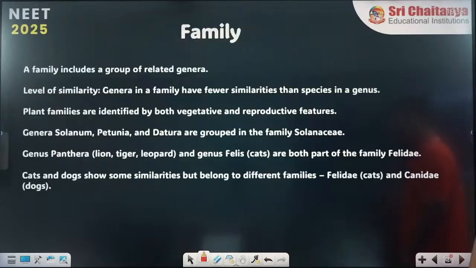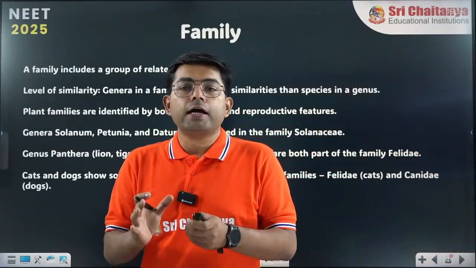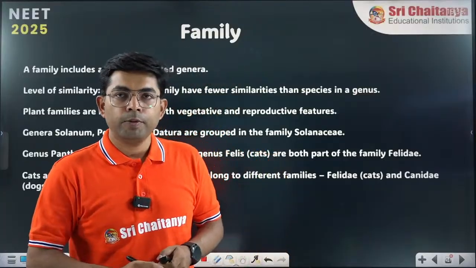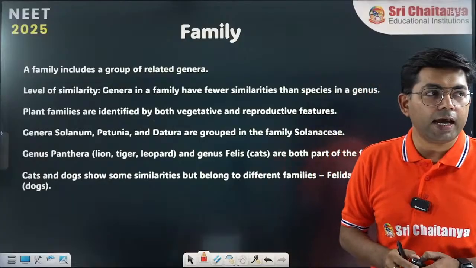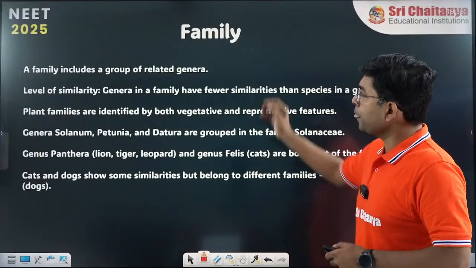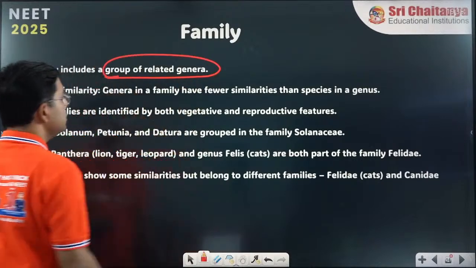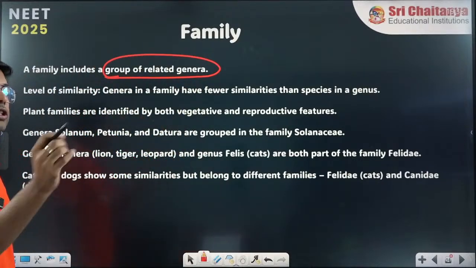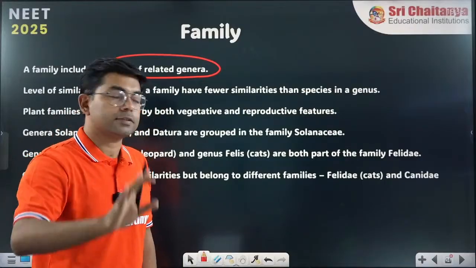Now further, many similar genera will come together in a family. So a family will have similar genera. A family includes a group of related genera. Genera or genus, both are the same thing, don't confuse. Genera is genus.